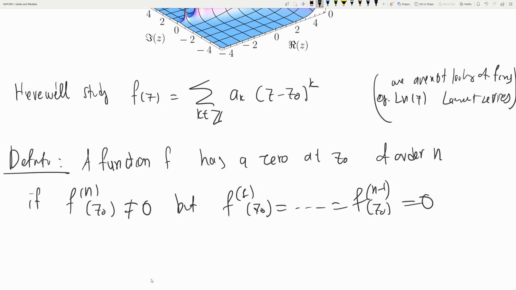So n is the smallest integer for which the derivative is non-zero, and all the other ones up to it are 0.